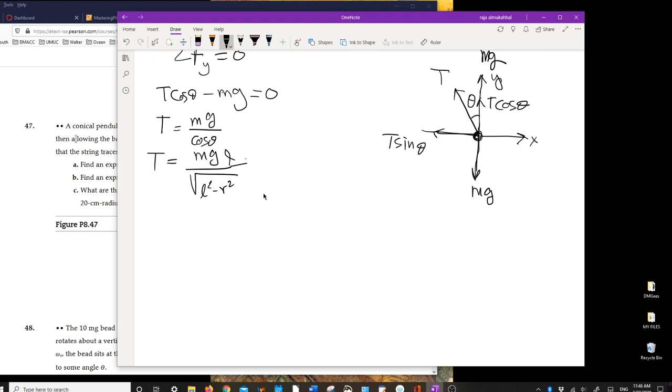There we go. So that would be one expression. This is basically the expression that he's looking for, I believe. That's for part A.